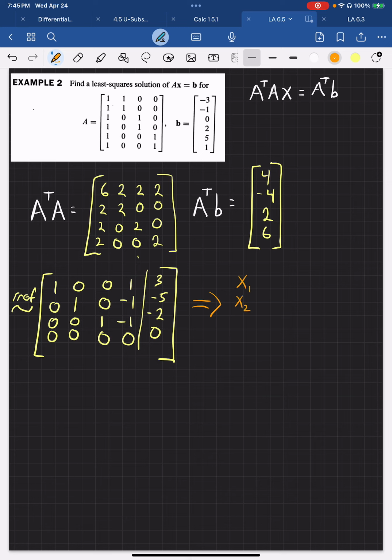So we write the basic variables in terms of the free variables. And that would look like this.